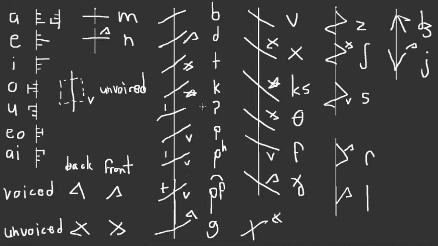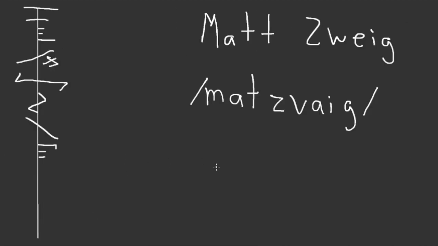This star diacritic is one of the most important things to figure out, because it appears in some places and we can figure out what it's doing, but not why. Everything else is so logical, but just the star diacritic seems to come out of nowhere. Anyway, the point is that we take the stop and then we send it to the back with voicing, and that's it. Mat Zweig.